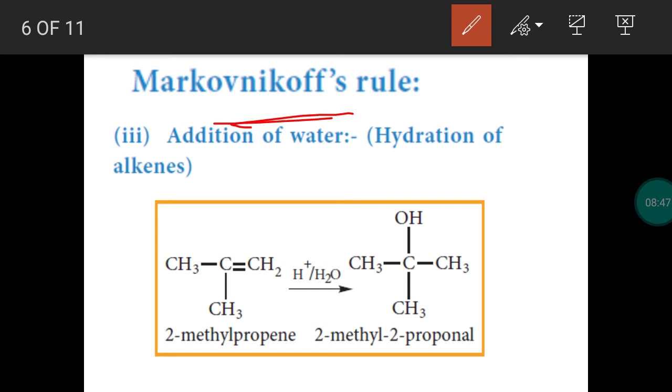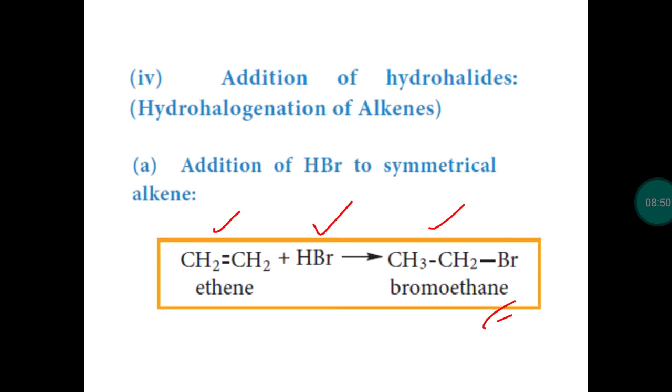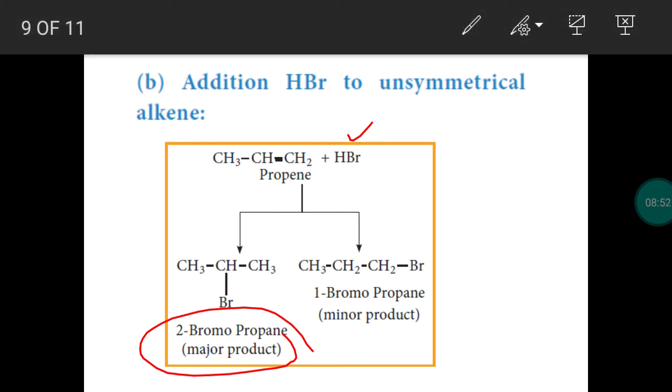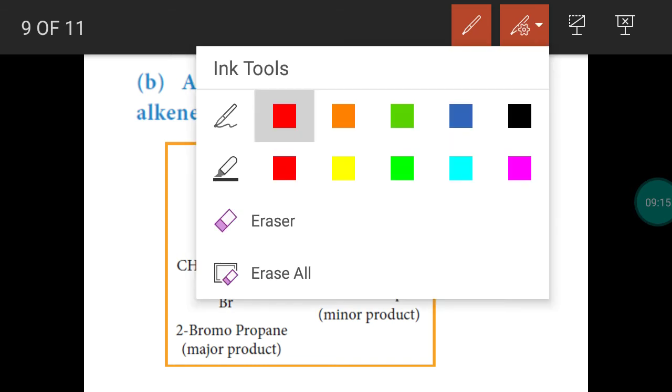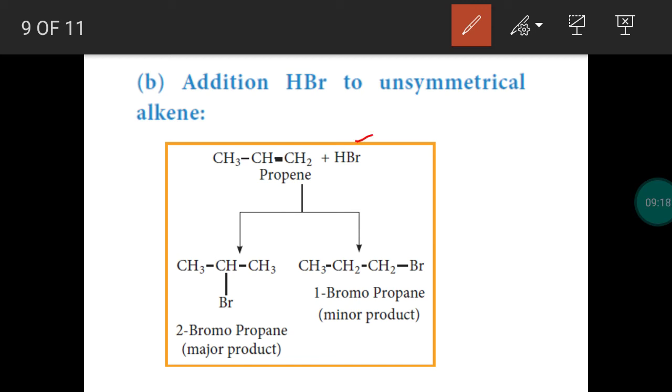So according to Markovnikov rule, when hydrogen halide is added with unsymmetrical alkene, the hydrogen will attack the carbon with more number of hydrogen atoms. So the carbon has 2 hydrogen atoms. Next, the bromine will attack the carbon with less number of hydrogen atoms.